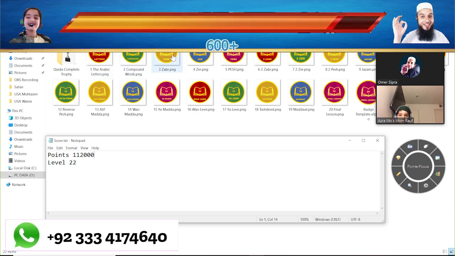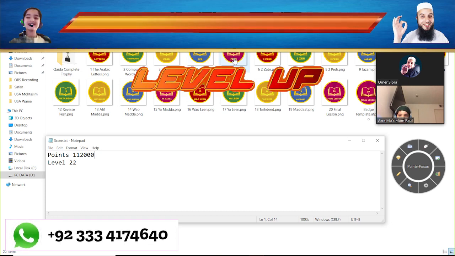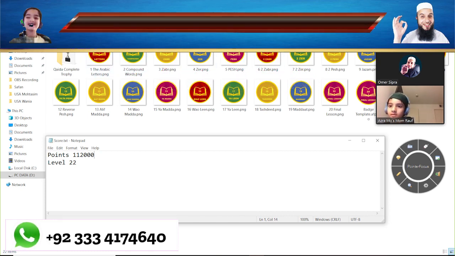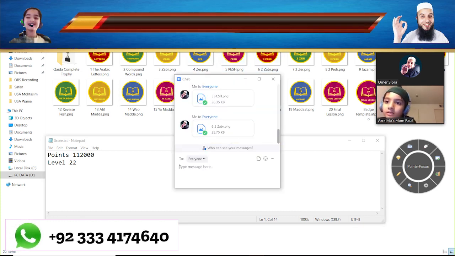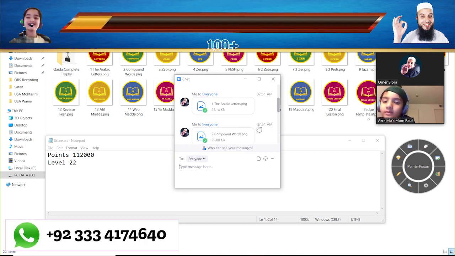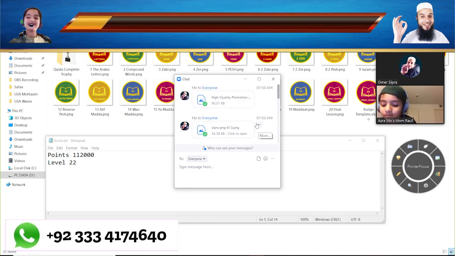Badge number 3 is the Zabr. And badge number 4 is the Zair. The badge number 5 is Pesh. And the badge number 6 is 2 Zabr. So you have got 6 badges, and I have sent these badges on your Zoom chat. I have also allotted you a golden trophy and a golden star. So these are the rewards for today.